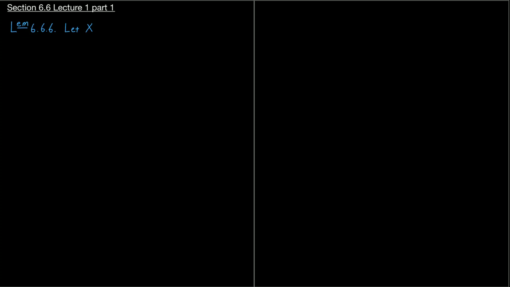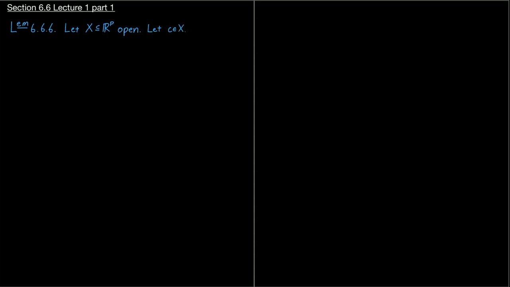So here is the first theorem. Let's let X be an open subset of Rp, because we want the gradient to be well-defined. We want the first derivative to be well-defined everywhere, so we do need the derivative to be unique, and we've only really seen that in open sets.